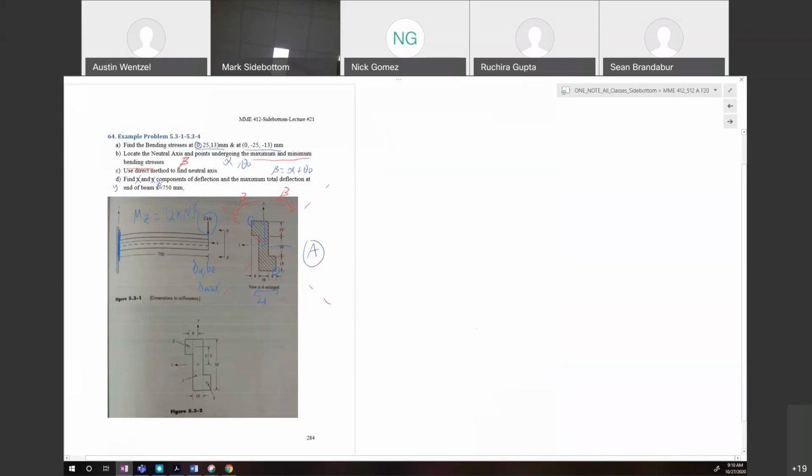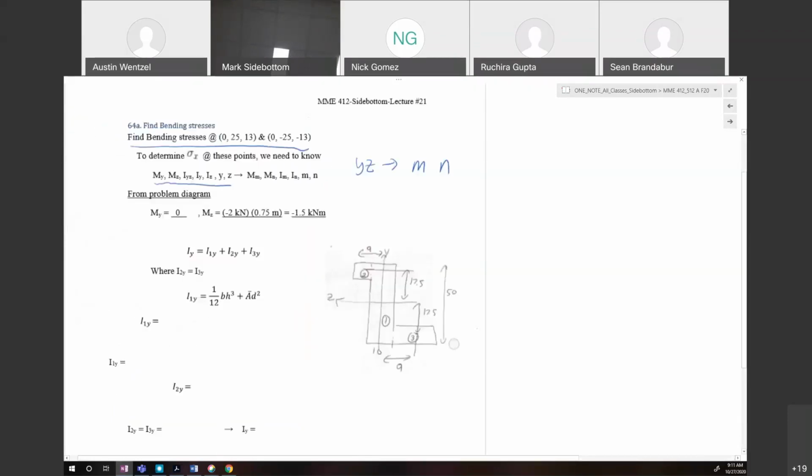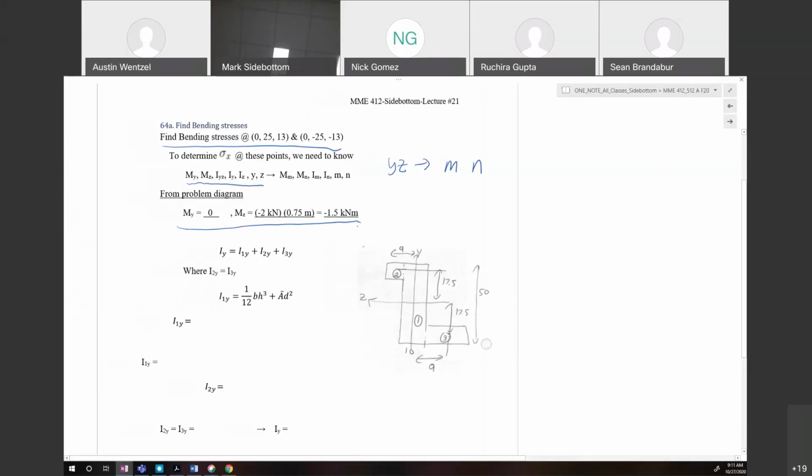That would create a moment about the negative z-axis, so we have to include a negative sign. All right, so that's where we get these values here.